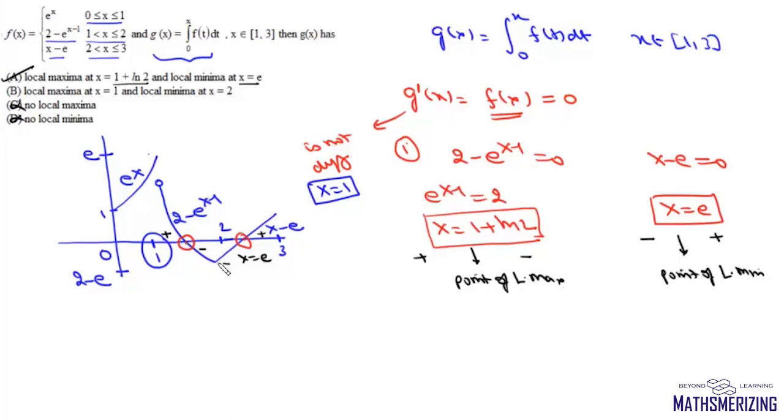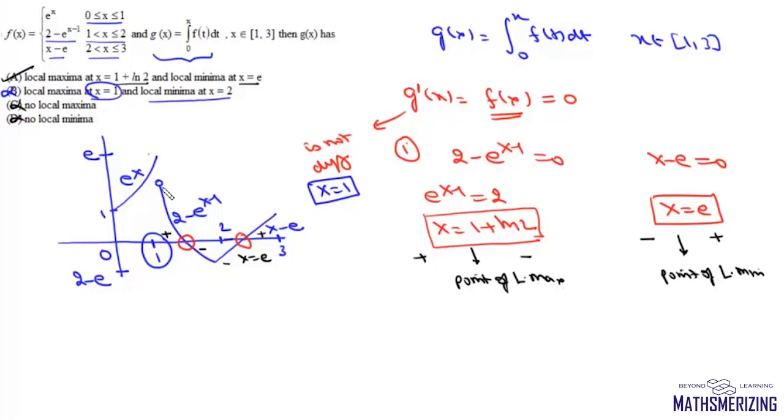But at x equal to 2, this function f(x) is continuous, and therefore g(x) is differentiable at x equals 2. So that means option B is also incorrect because it cannot have a local minima at x equals 2.